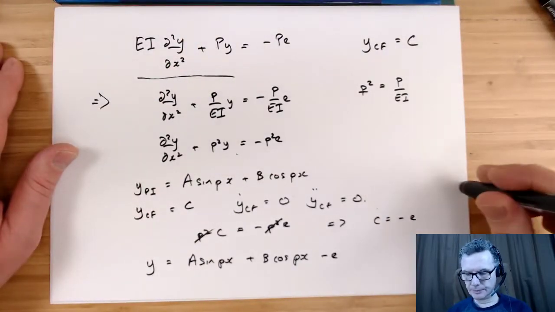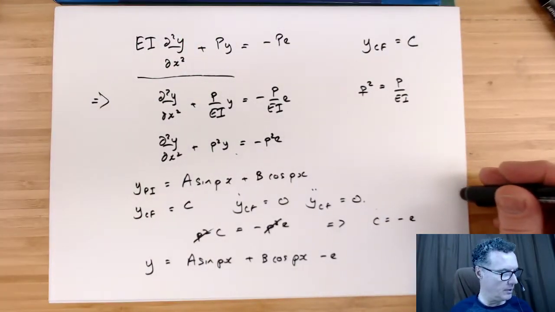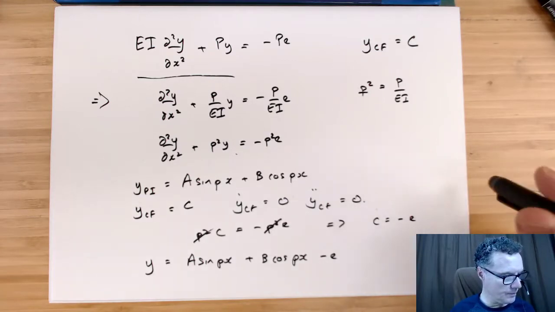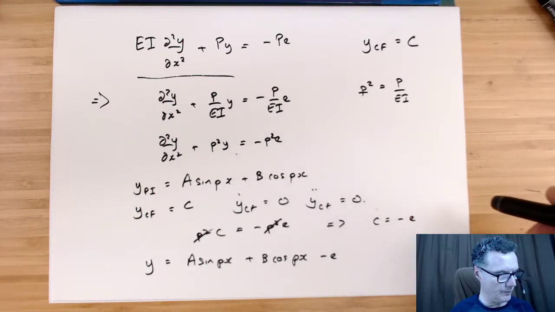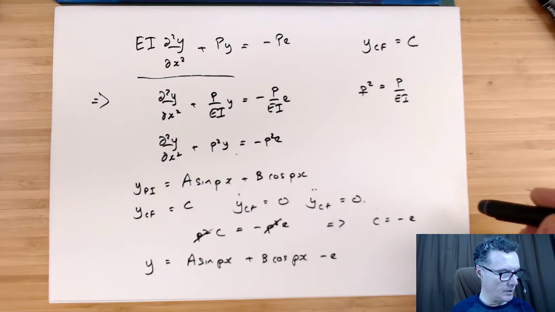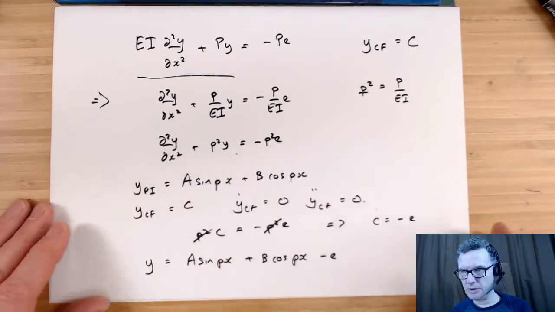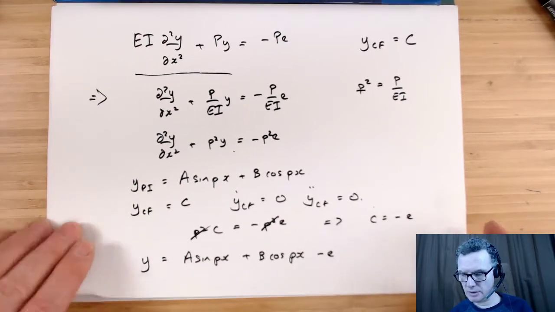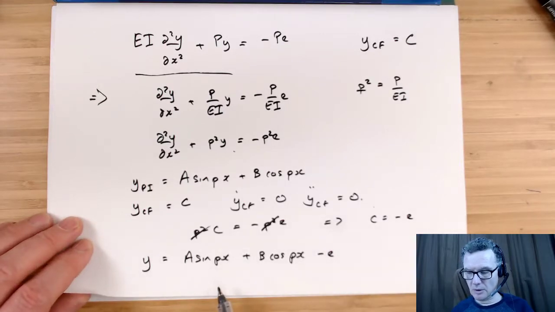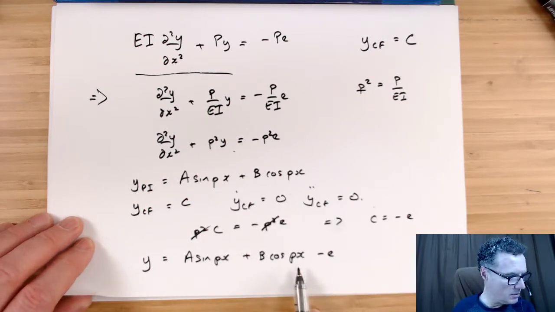Right, so far so good. What next? So the next thing we can do is to apply boundary conditions. When x equals 0, we've got our boundary condition. Actually, shall I do that boundary condition now?